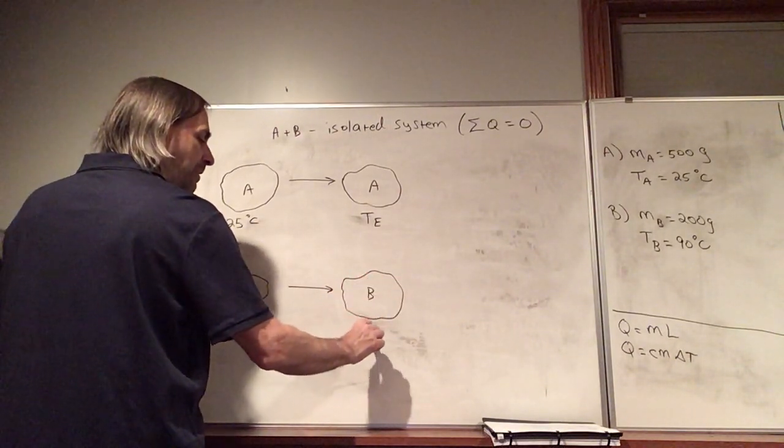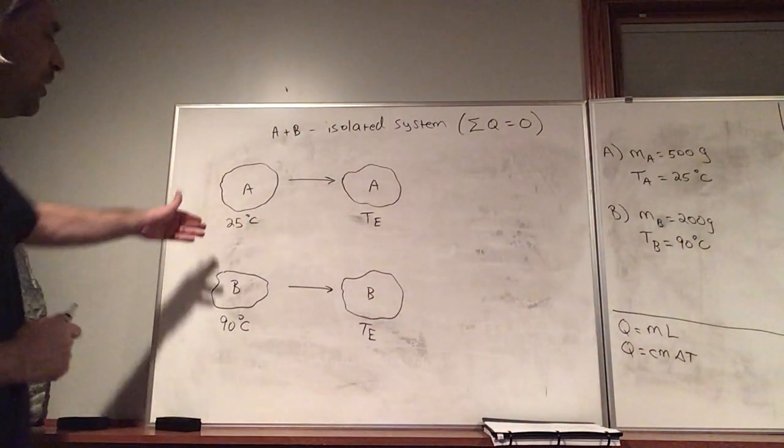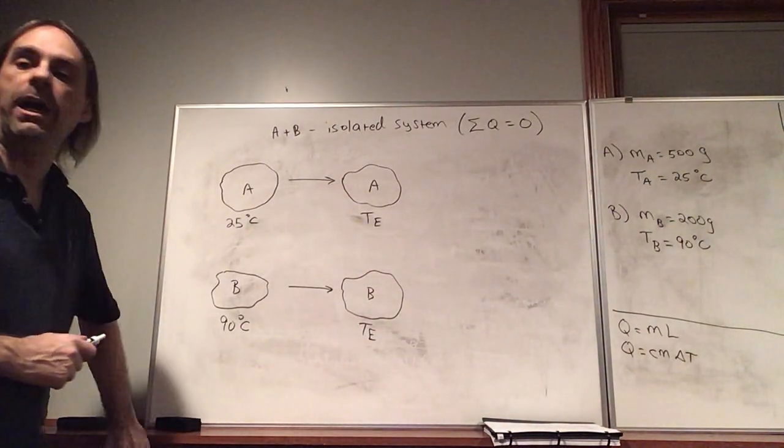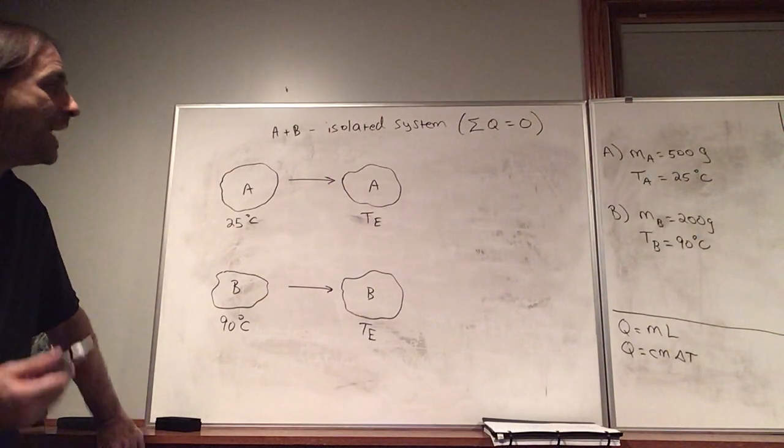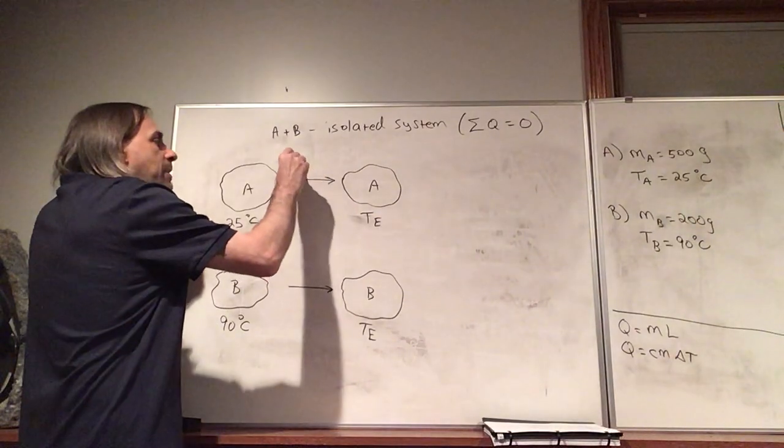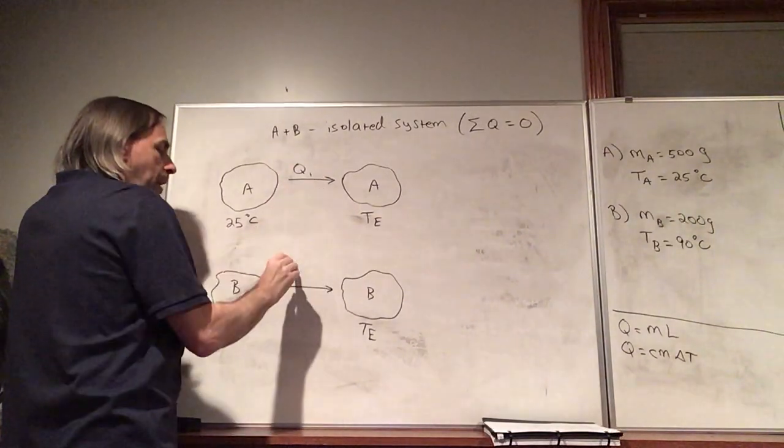So they're both going to meet at this common equilibrium temperature. We know it's got to be somewhere between 25 and 90. And so we know that these things are going to remain in their liquid state. And so I'm going to call this Q1 and this Q2.